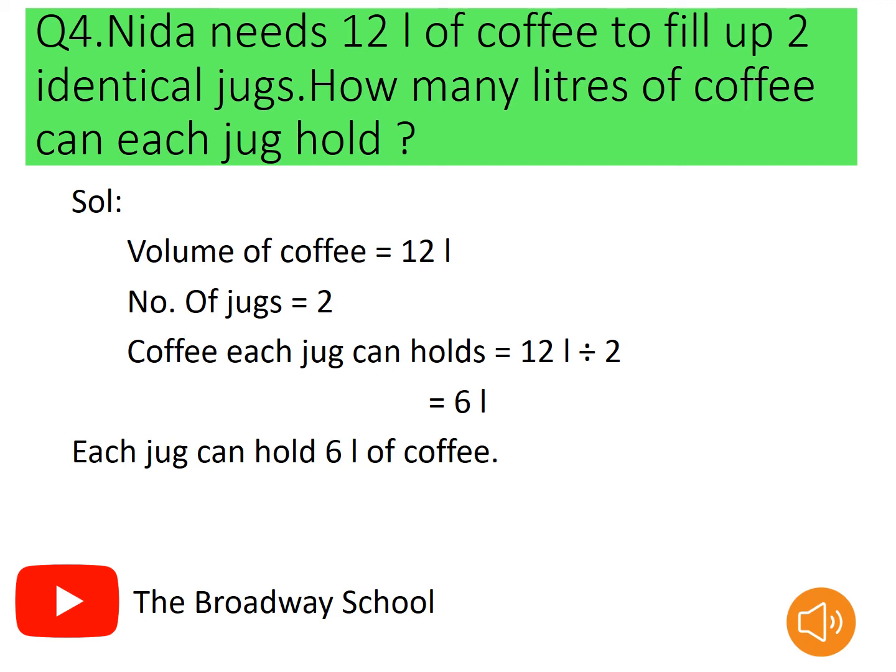So we will divide these numbers. Your first statement will be: volume of coffee is equal to 12 liters. Number of jugs is equal to 2. Liters of coffee each jug holds is equal to 12 divided by 2. So simply it will be 6 liters. You need to write your final statement in your notebooks.